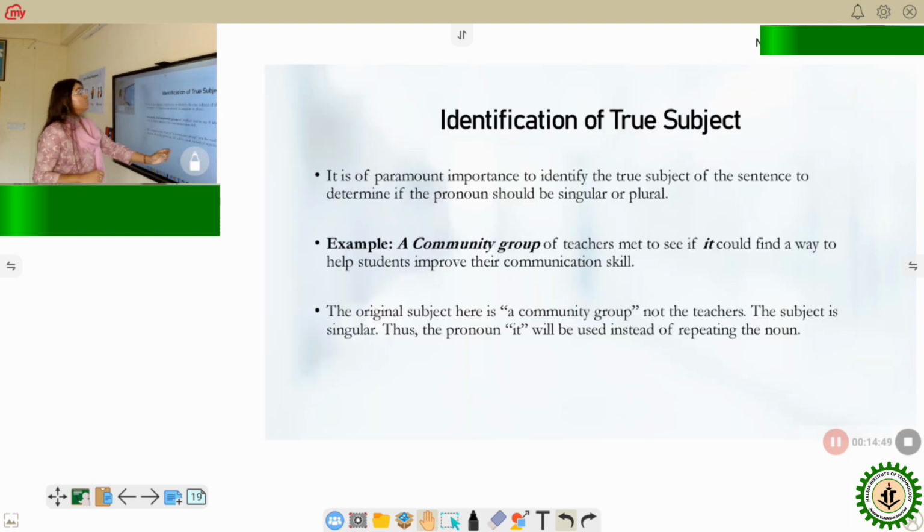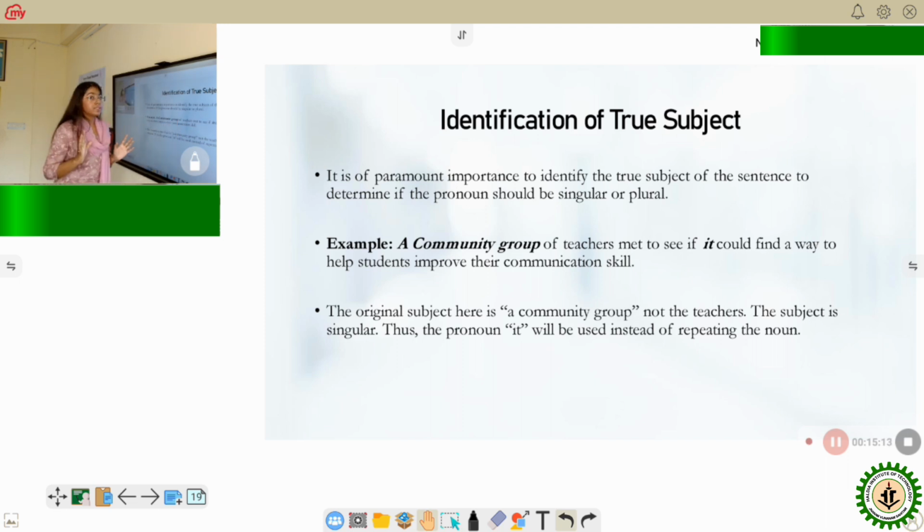Again, just like in the case of subject-verb, we have to identify the true noun of the subject of the sentence, so that we can put the proper pronoun. For example, a community group of teachers met to see if it could find a way to help the students improve their communication skill.